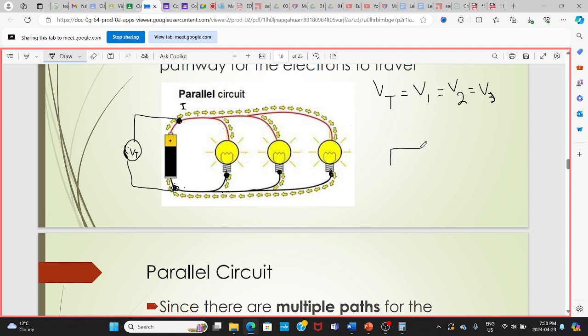If I want to make that nicer, I can do it like this. This is another light bulb. This is another light bulb, right? This is my battery.